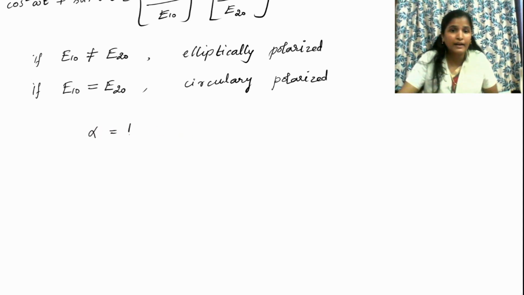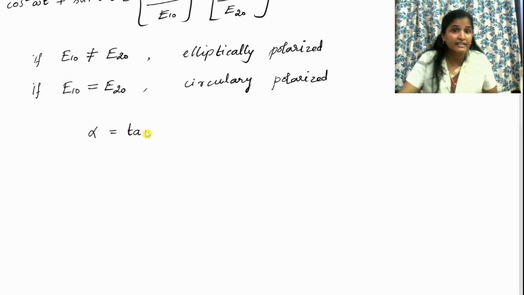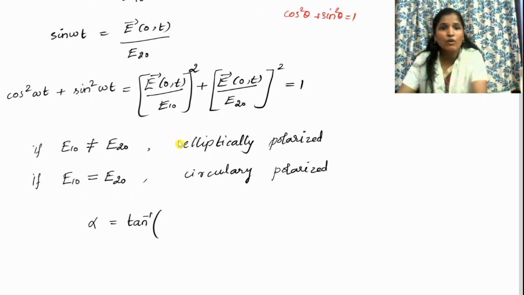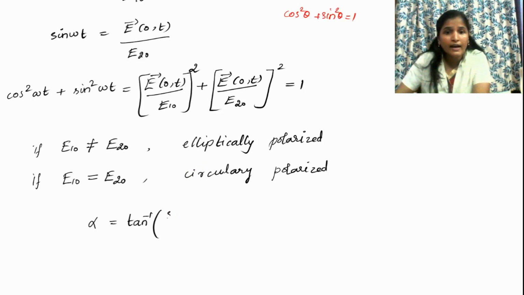Alpha is the angle of polarization, that is the instantaneous angle. It is tan inverse of the second wave to the first wave, that is, sin omega t, the second component, with the first component.